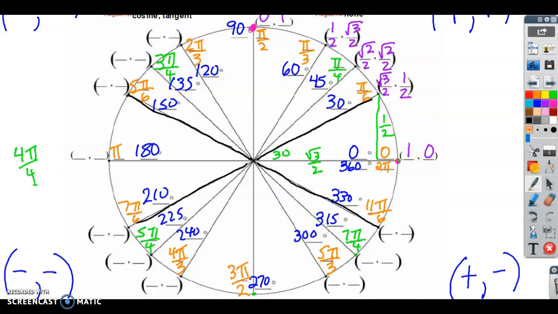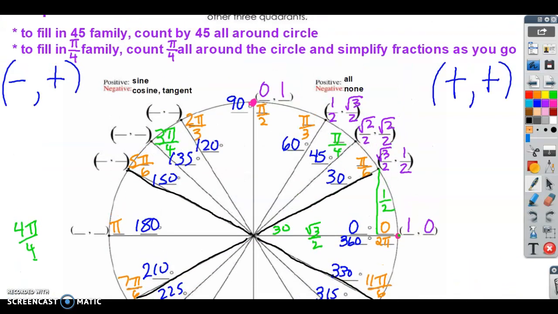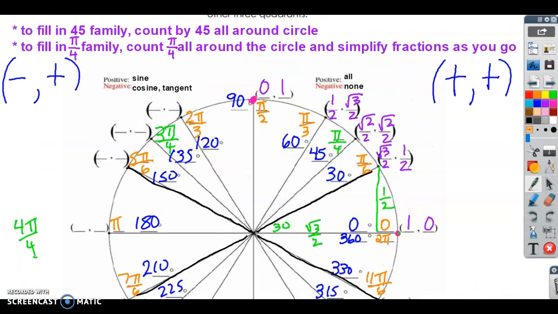And those values are going to be the same, except they're going to have different signs depending on which quadrant you're in. For the first quadrant, sine, cosine, and tangent are all positive, and none of them are negative. We're in the first quadrant. In the second quadrant, the sine is positive because sine is the y value, and y values are positive there.